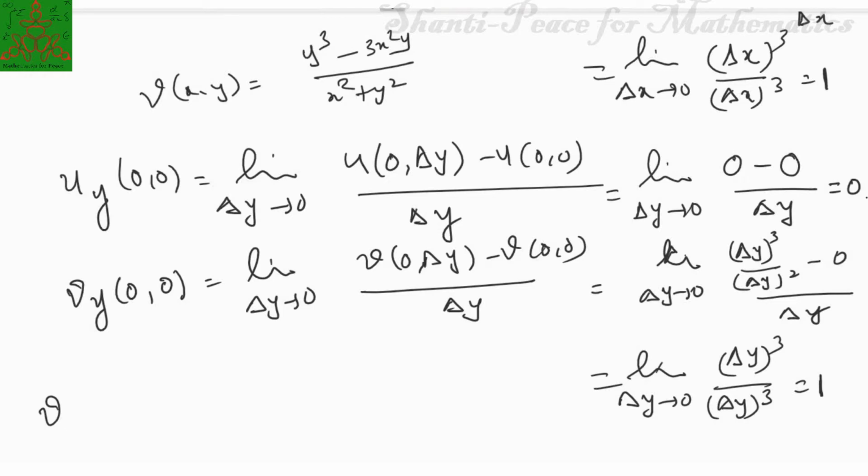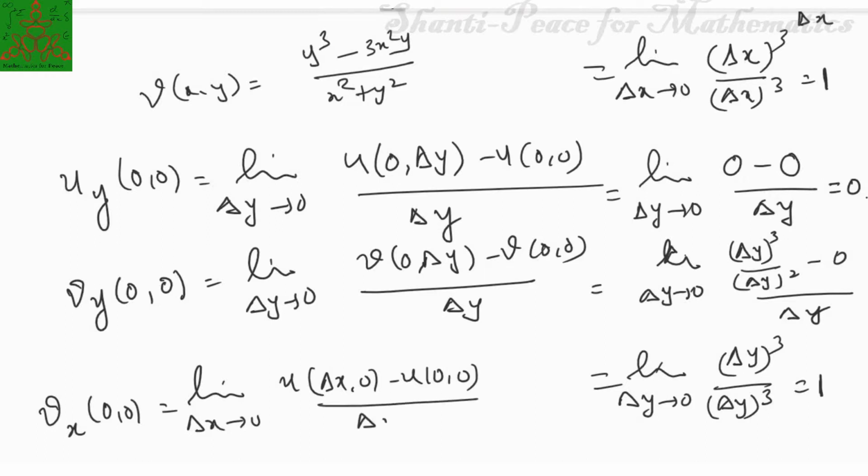And similarly, u_x at point (0, 0) can be written as the limit as delta x tends to 0 of [u(delta x, 0) minus u(0, 0)] upon delta x. So that will give me the limit as delta x tends to 0 of u(x, 0). If you put y equal to 0 in this numerator, that is 0. So it is 0 minus 0 upon delta x, which will give you 0.